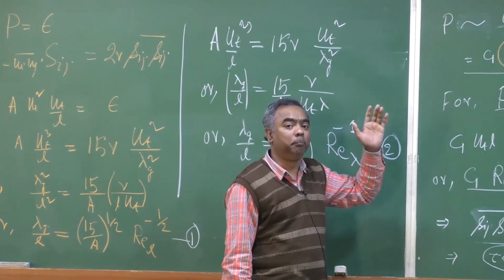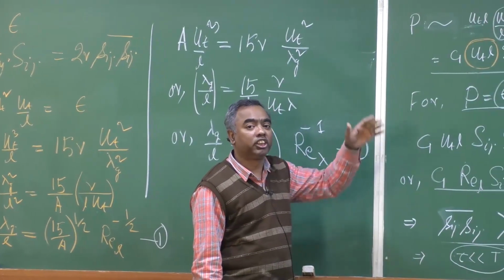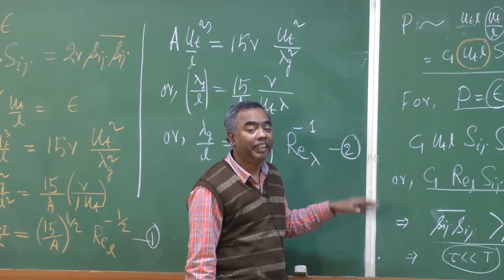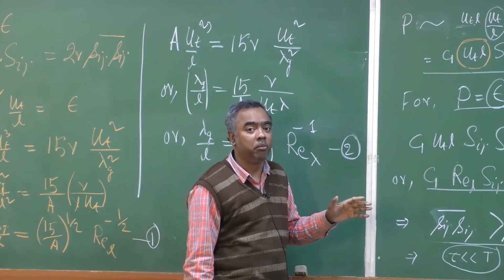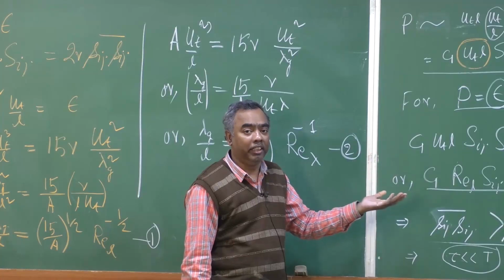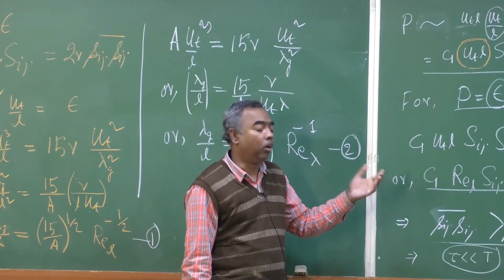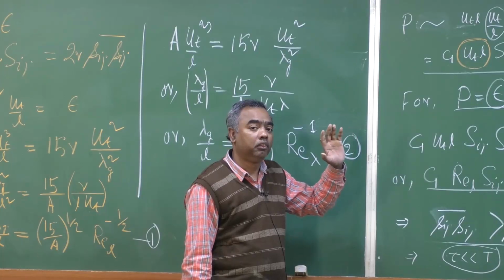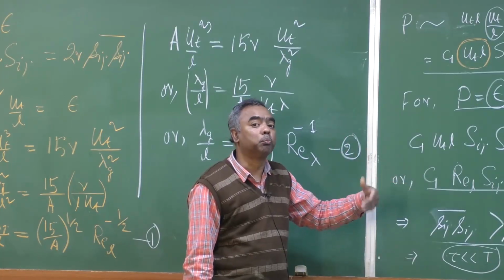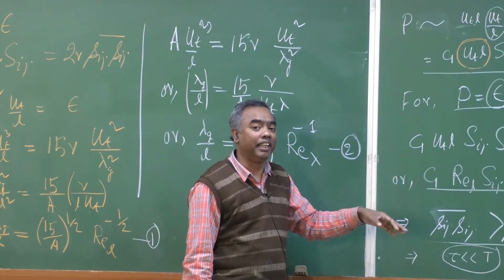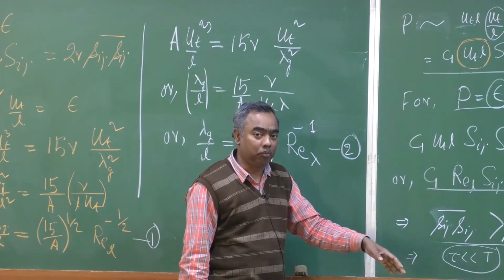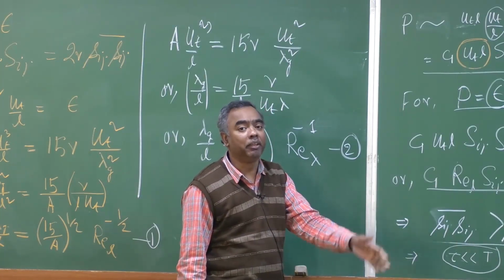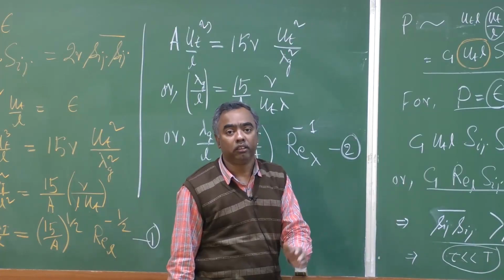The big eddy, due to the strain field of the main flow, extracts energy from the mean flow, and that eddy breaks into smaller eddies and gives its energy to somewhat smaller eddies, and those again to even smaller eddies, and so on down to the viscosity.